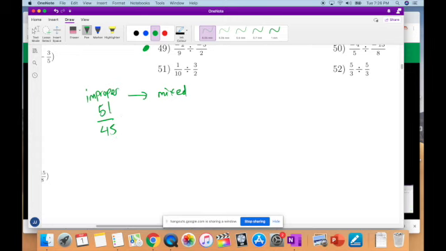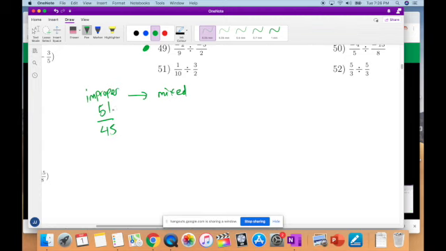No, you divide, you had it right the first time. You divide your numerator by your denominator because your denominator is the divisor. It is doing the dividing, right? So it has no inversion here. So you divide 51 by 45.